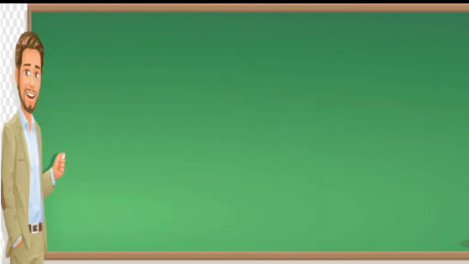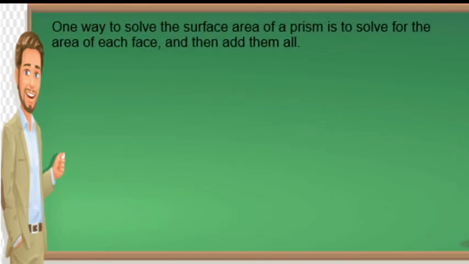Now, we're going to solve for the surface area. One way to solve the surface area of a prism is to solve for the area of each face and then add them all. The first one is the area of the left side, which is 4 centimeters times 3 centimeters, the length and the width. That is equal to 12 square centimeters.